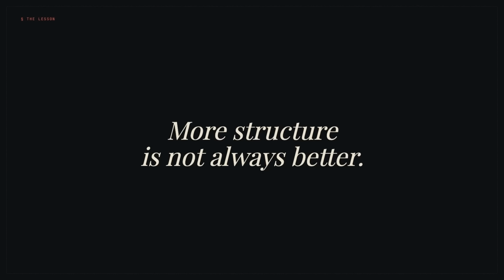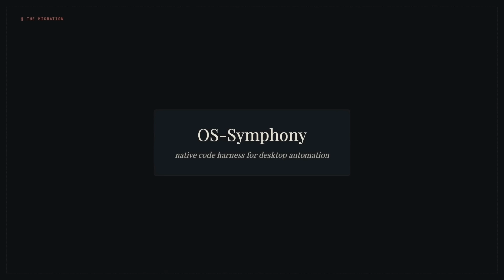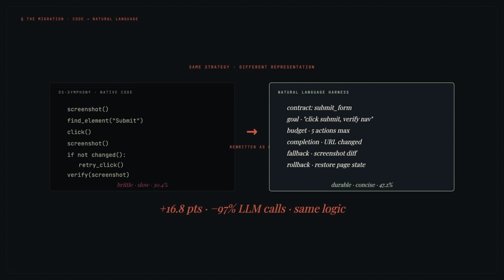I'm going to come back to this in the practical takeaways, but the headline results from this paper came from a different experiment. They took OS-Symphony, a native code harness for desktop automation, and migrated its logic into natural language representation. Again, the same strategy, just rewritten in natural language.